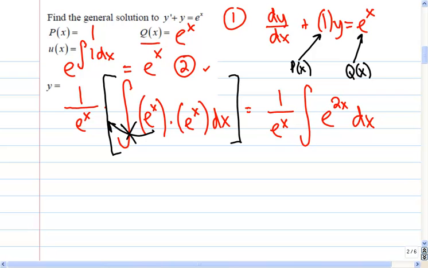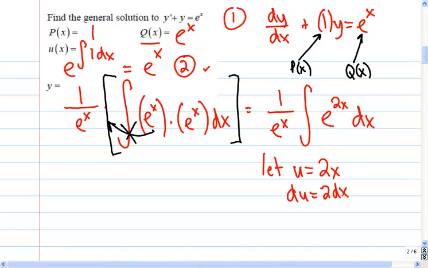Let's see how we're doing here. How many people can do this integral without substitution? Are they confident now you can do this without substitution? Maybe so, sort of. Maybe 30% of us. Okay, I'll do this with substitution then. But let u equal 2x, du equals 2 dx.